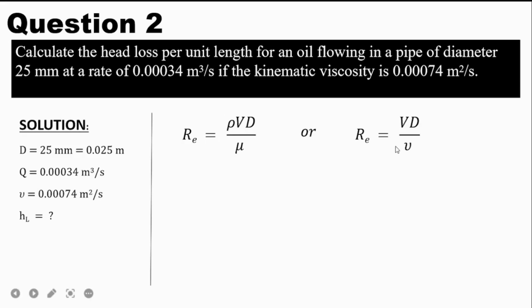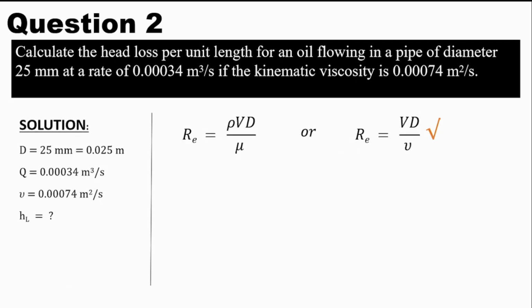But in this case, I can use this because I'm given the value for the kinematic viscosity and the diameter. The only thing missing from this equation is our fluid velocity. But we are given the discharge, so we can find the velocity from the discharge.